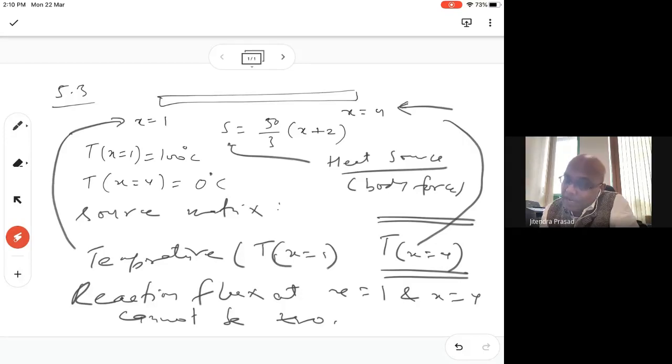If you did not have a temperature prescribed here and here, then only you can enforce that there is no flux here and flux here. It means you can give either displacement or force, not both. So hence I elaborated on why reaction flux cannot be 0.